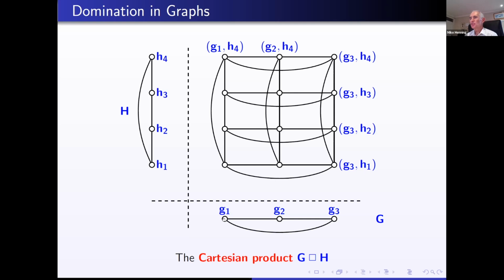And for every vertex of G, the way I've drawn it vertically, you've got a copy of H, which I call an H layer. So you've got 3 vertices of G, and that gives you 3 copies of H, and for every vertex of H you get a copy of G. So this is your graph.